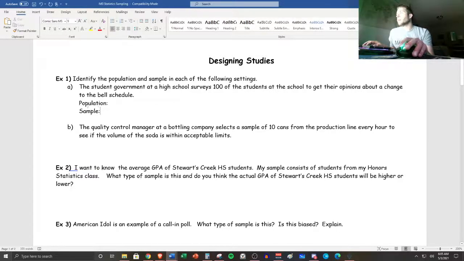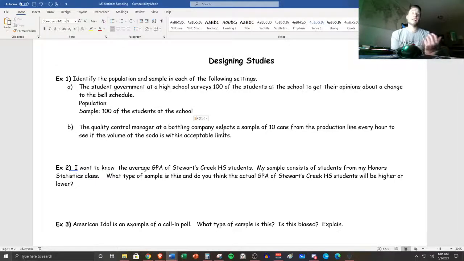So the student government at a high school surveys 100 of the students at the school to get their opinion. That 100 is what we'd call the sample, because it's not everyone. Imagine if this was at our high school. There's like 2,000 kids there. 100 is obviously not the whole 2,000, so this 100 is the sample. Now, who is the population? What are they interested in?